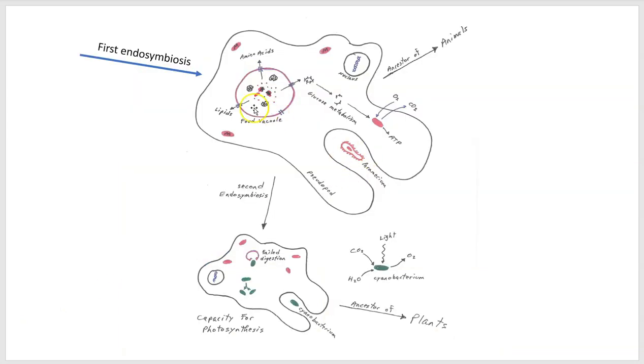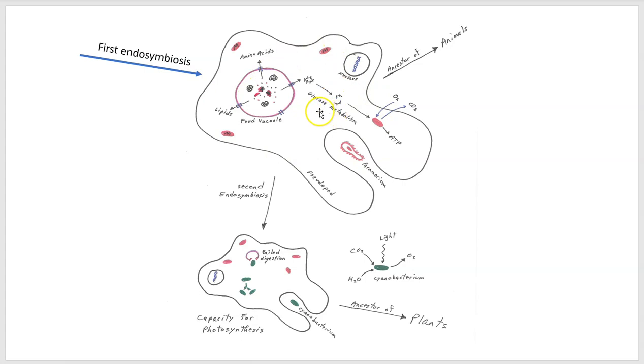So we have a story here then where we have large cells were only possible after the first endosymbiosis that produced mitochondria. What today we call mitochondria were once free-living bacteria. They got themselves inside a larger cell, and the combination was beneficial to both of them. So the big cell would give protection to the mitochondria, and the mitochondria would share some of the energy with the big cell.